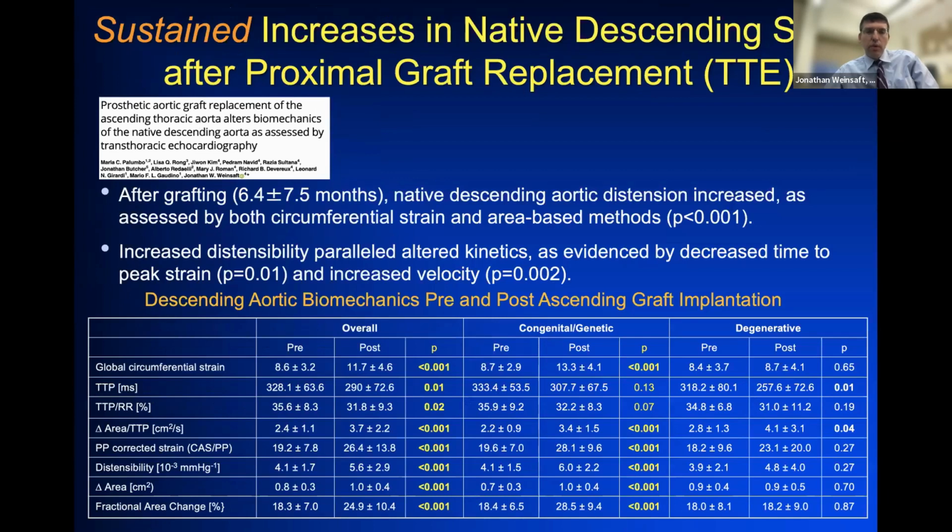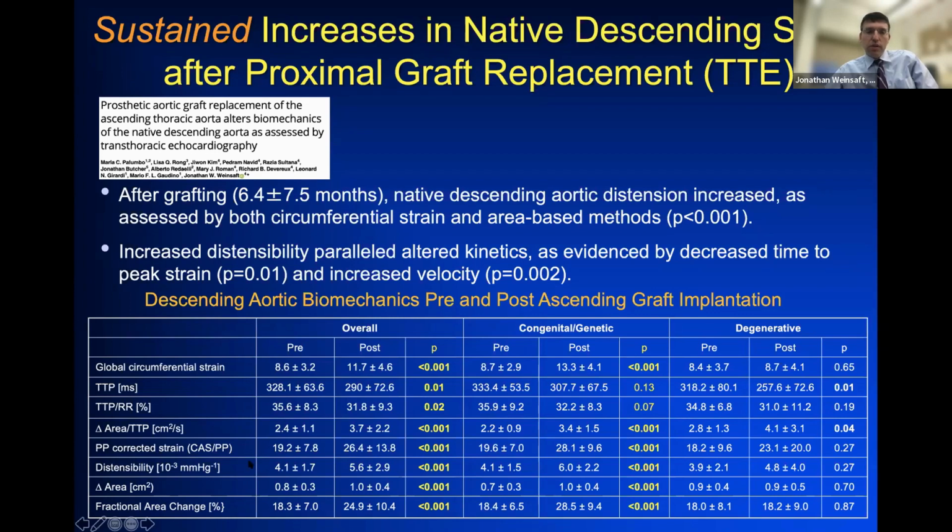transesophageal echo, we can demonstrate using transthoracic echo a similar sort of pattern, that there was increased distensibility, increased strain, and of interest, those changes in terms of distensibility or of excursions of the aortic wall parallel those of altered kinetics, meaning that flow kinetics actually alter, as evidenced by decreased time to achieving that peak strain, as well as increased flow velocity in the descending thoracic aorta.